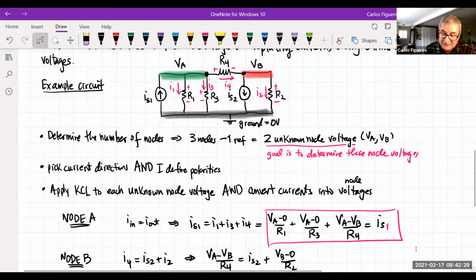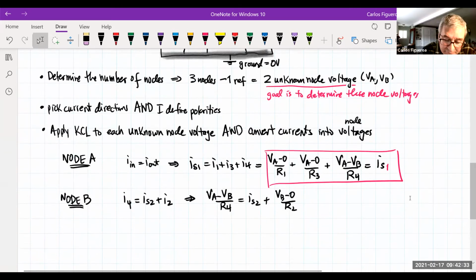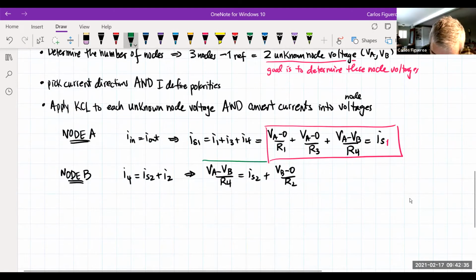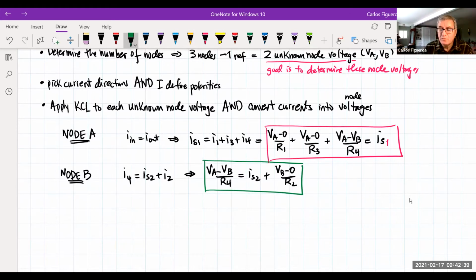So if you look at this thing, I now have a second equation. So what I want to do here is clean it up a little bit. And what I mean by cleaning it up is note that I have one equation, and I have a second equation.